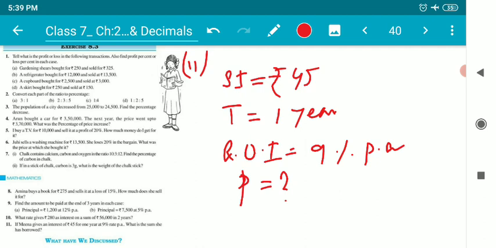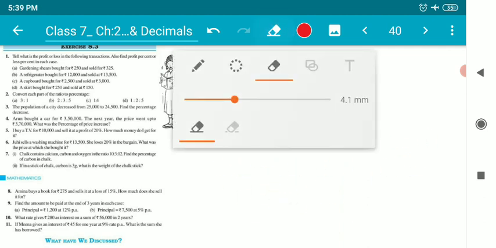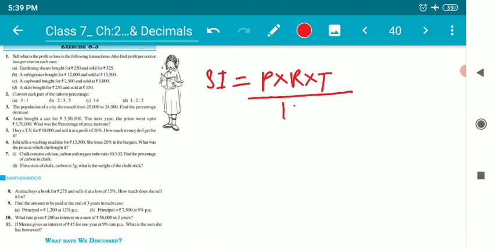So let us have a look. We'll use the formula, children. The formula is simple interest is equal to P into R into T by 100. Now simple interest is 45, that is already given, so I want to write 45 as 45 by 1.